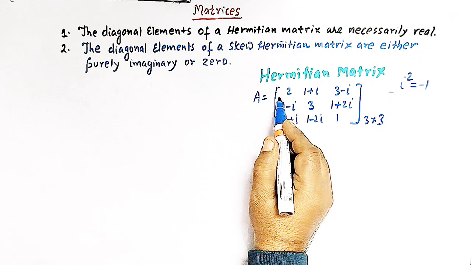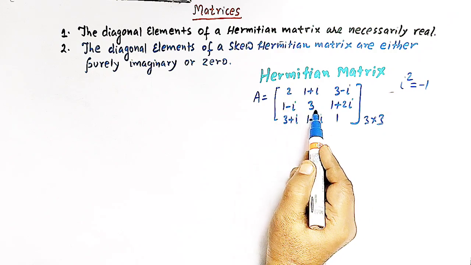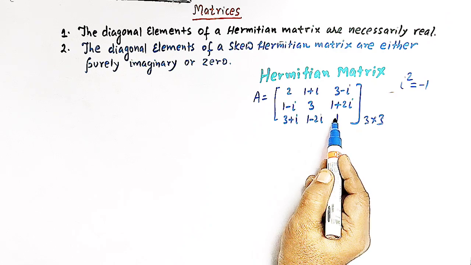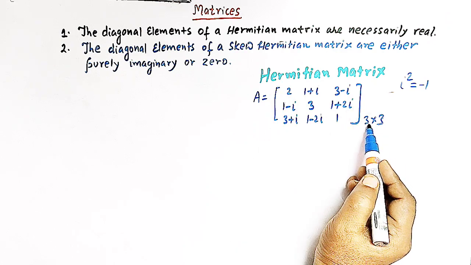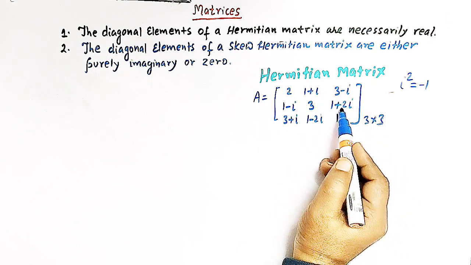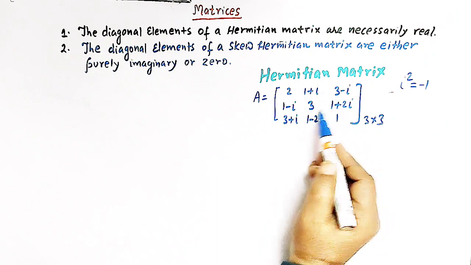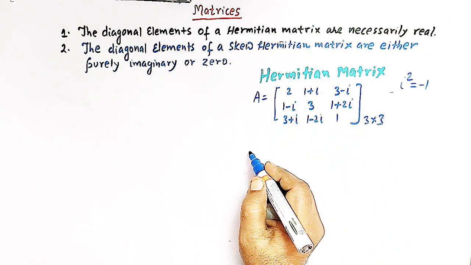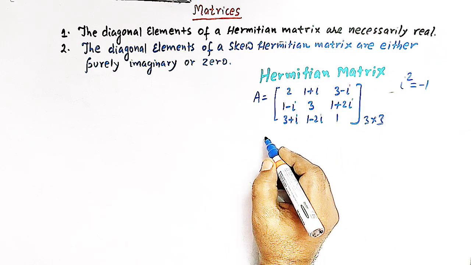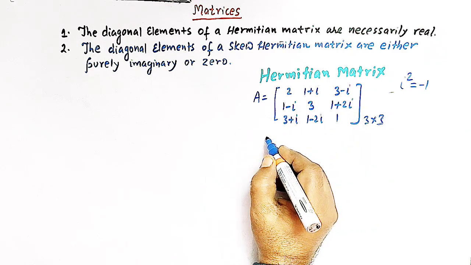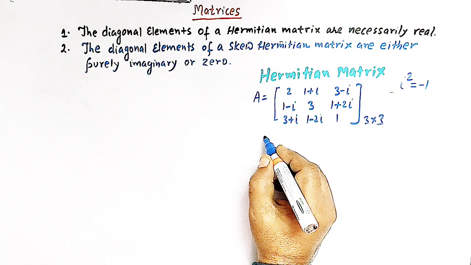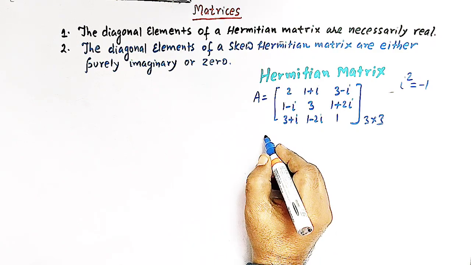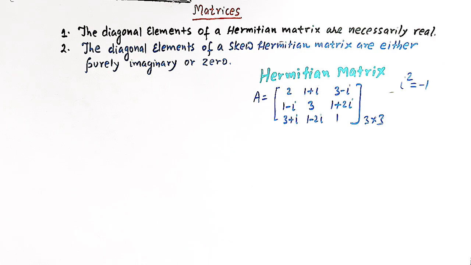So here we can see that this is the diagonal of this square matrix of order 3, and these entries are complex numbers. A Hermitian matrix is defined as a square matrix whose complex conjugate transpose, that is the transpose of the complex conjugate, is equal to the matrix itself.